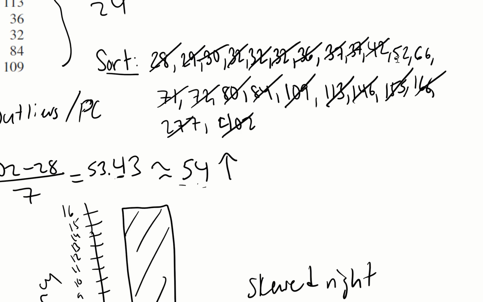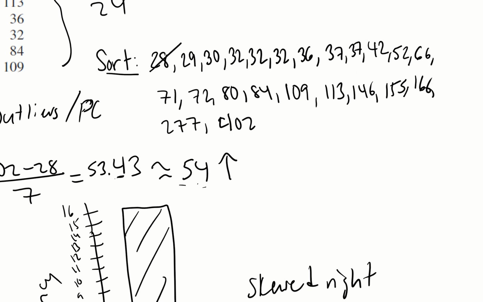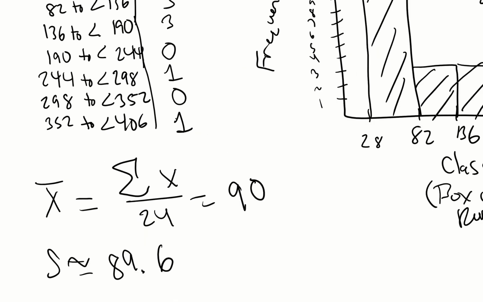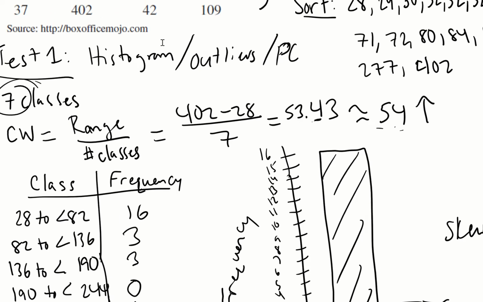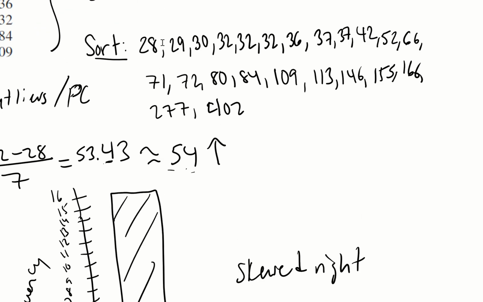Okay, there's one middle number in my example, so I think I missed a number. Okay, I missed a 32. So let me go back real quick, because I missed a 32 in my ordered list. So let me go back right here. So I forgot that.